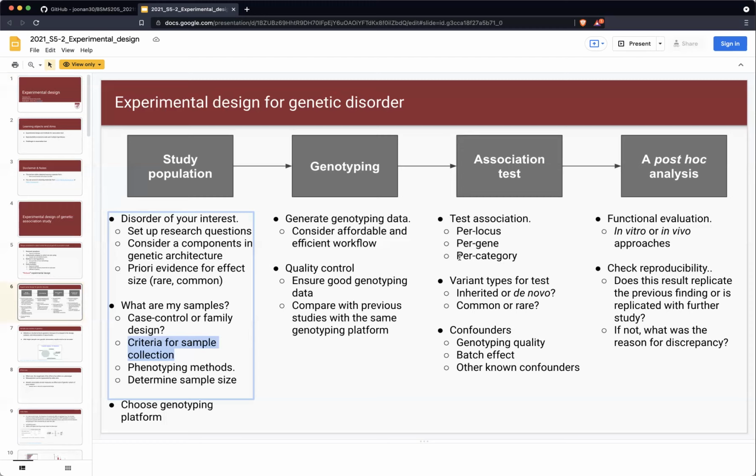Then in association testing, what you have to consider is the confounders. You can think about the genotyping quality and batch effect. Batch effect is the differences across data sets. Think about a situation where you do a genetic study of type 2 diabetes, and you are looking at the data set from Korea University Hospital, and the sample size is 2,000 patients, right?